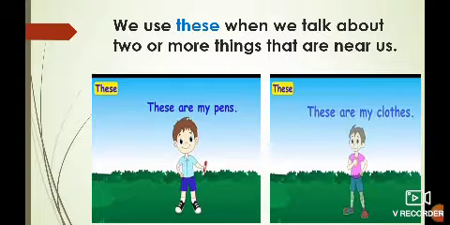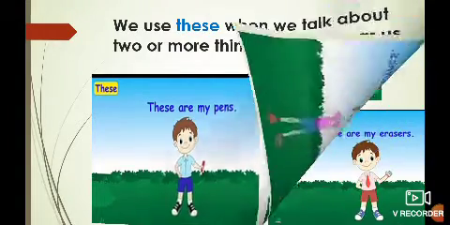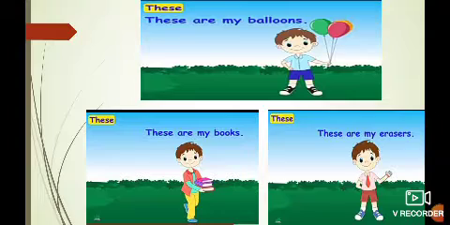Whatever clothes are with him, he is saying that these are my clothes. In the next picture, these are my balloons. Balloons are there in the hand of the boy and he is saying these are my balloons because they all are near to the boy.